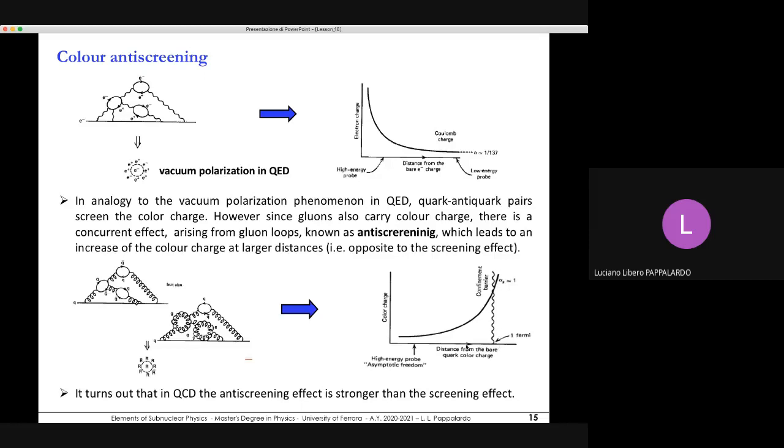On the other hand, if you increase your momentum, you go deep inside this cloud, you observe a smaller and smaller color charge at the end. And asymptotically, you reach a region where essentially alpha strong is so small that the quark can be considered to be non-interacting, so completely free. And this is indeed the regime of the so-called asymptotic freedom. We will come back to this later on.